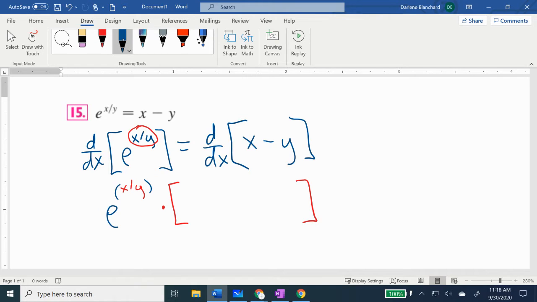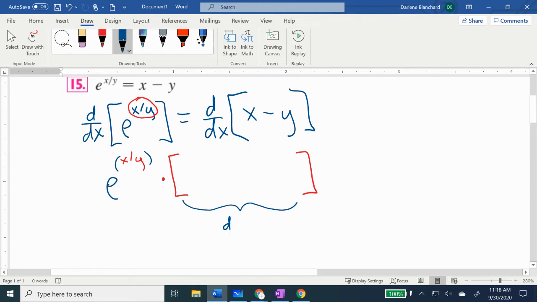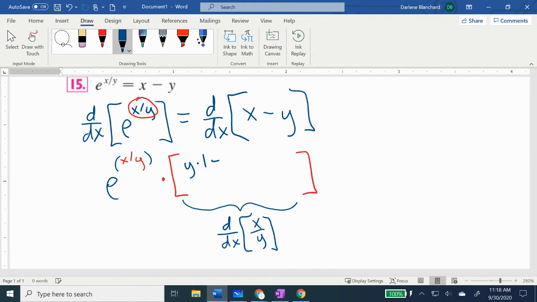So right now, I need to take the derivative with respect to x of x divided by y. To do that, I'm going to quotient rule: low d high minus high d low, and d low is the derivative of y with respect to the x variable, which means basically just dy/dx. Low d high minus high d low, square the bottom, and away we go.